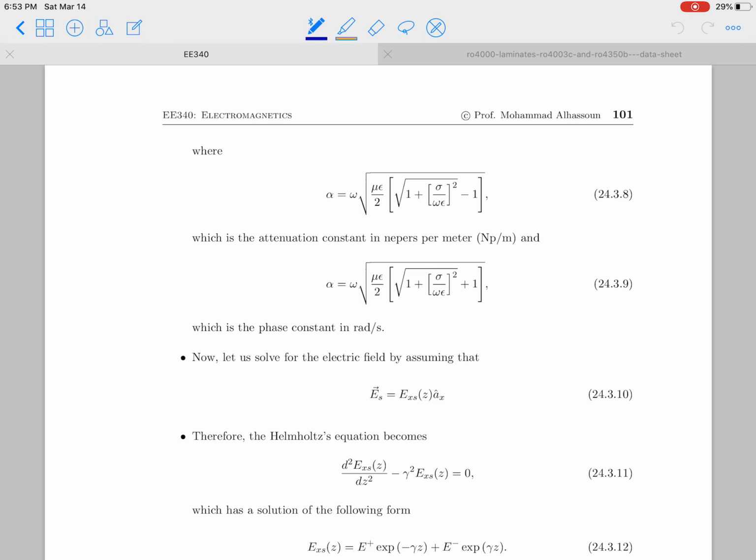The real part, which is alpha, is called the attenuation constant, and the unit is nepers per meter. The imaginary part, which is beta, is called the phase constant, and the unit is radians per meter.